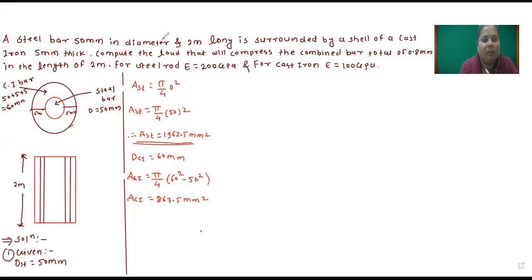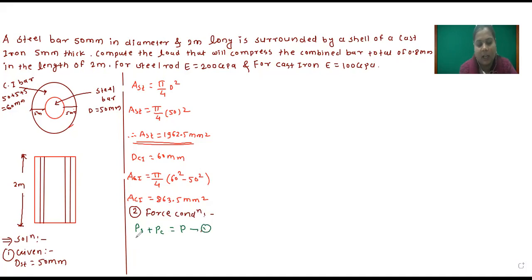Now we will apply our first step, that is force condition. In the force condition, we will write P steel plus force in cast iron is equal to total force. So this is our equation first.